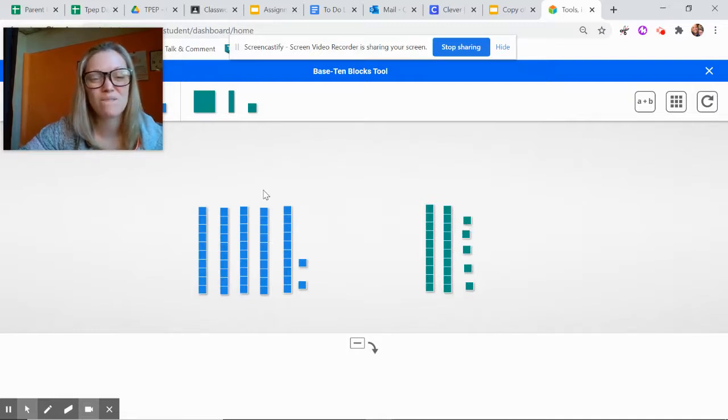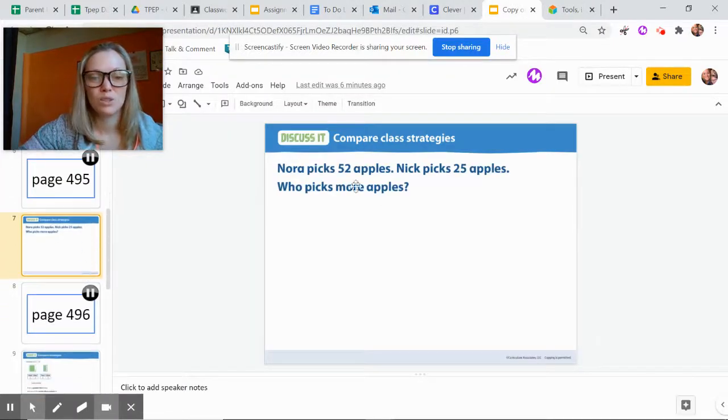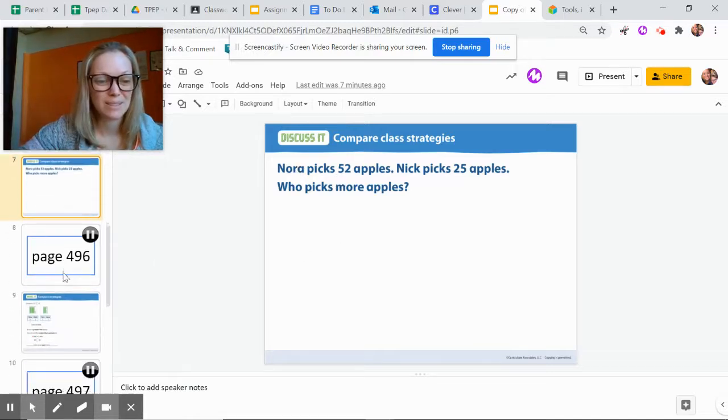And I know that 50 is bigger than 20. You could also look at the tens. 5 tens is more than 2 tens. So the answer would be Nora picks more apples.